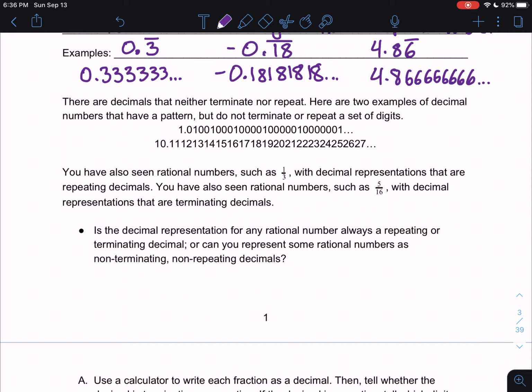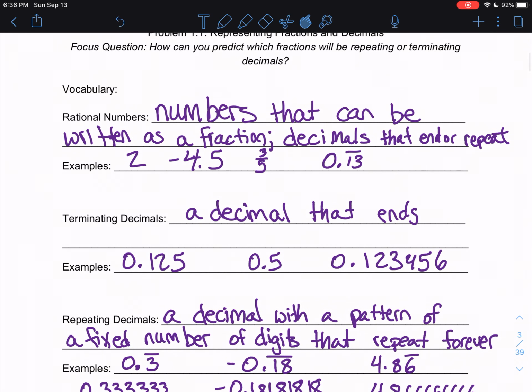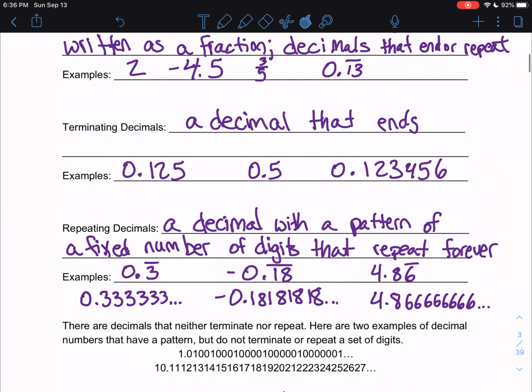All right, so hopefully you referred back to that wonderful definition we wrote at the very top of this page that said rational numbers are numbers that can be written as a fraction or decimals that end or repeat.